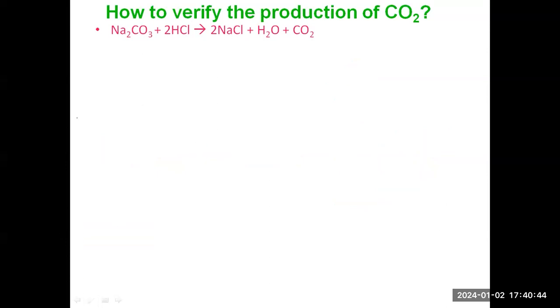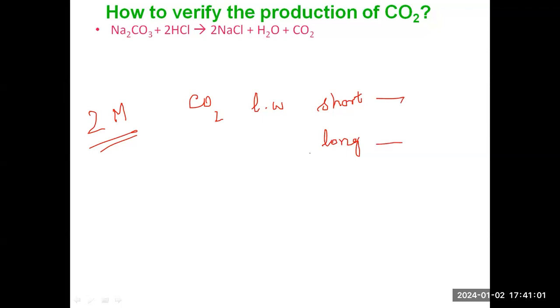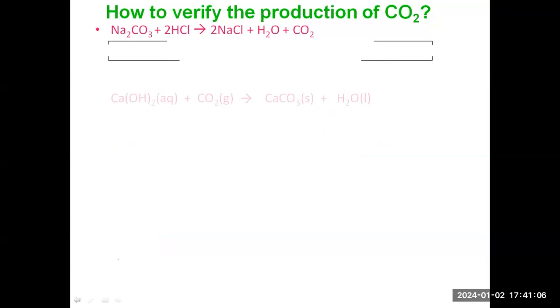And this can be a 2-mark question. They can ask you what happens when carbon dioxide is made to pass through lime water for a short duration and for long duration. So you need to write both the equations carrying 1 mark each. Right?